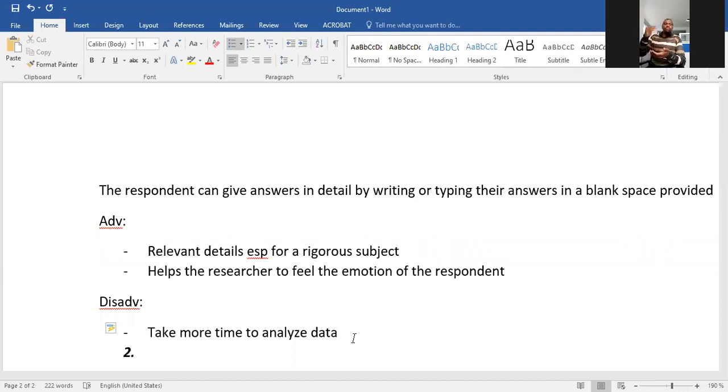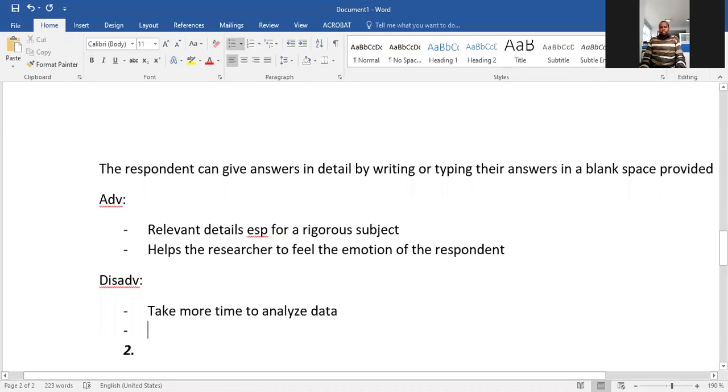You would have to sift all that information to really come out with what really matters. Okay, because you see, the respondents have given a lot of details, but you want to know what really is their answer, because some answers may not be straightforward. So you might be forced to take a lot of time to analyze the data. Okay, so that's one of the disadvantages. I think it's a primary disadvantage.